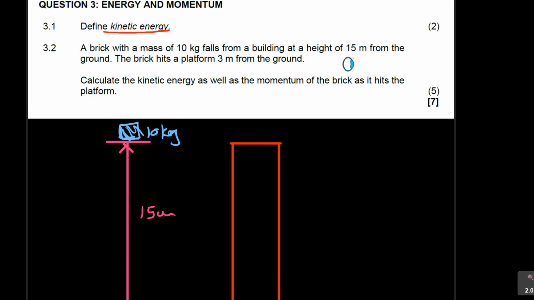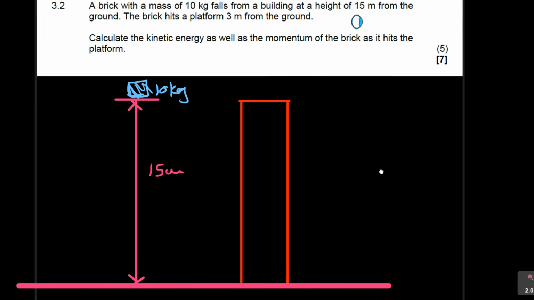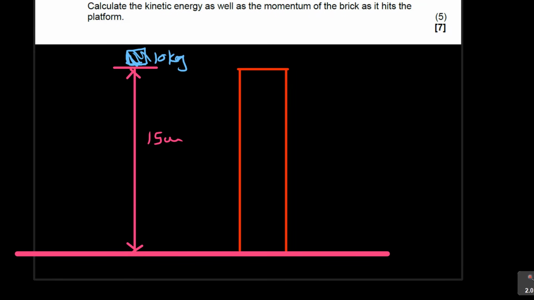Now they are saying the brick hits a platform 3 meters above the ground. So let's come, it says 3 meters from. Always remember the word from. So I come here and say there is a certain platform that was here, like a platform thing. When this brick was falling, let's make it long, okay, I'll make it a bit long.